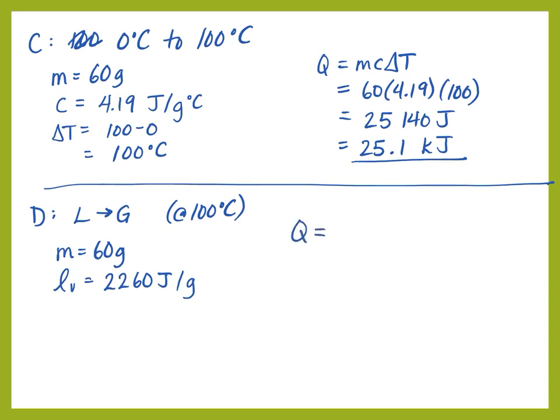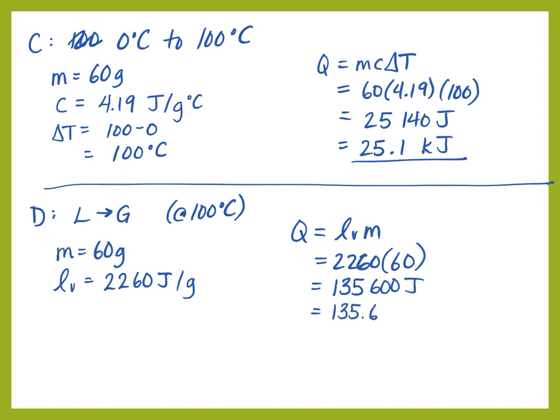So the amount of energy there is the latent heat of vaporization times mass, which is equal to 135,600 joules, or 135.6 kilojoules. It's another number we're going to need at the end.